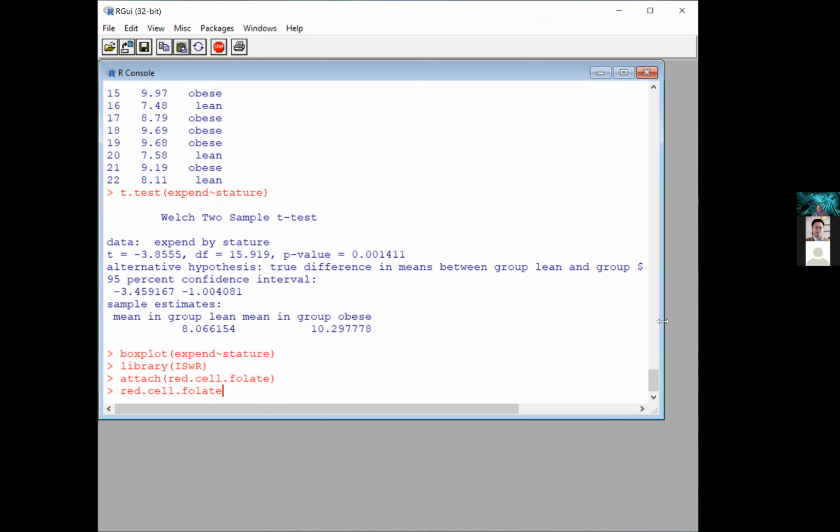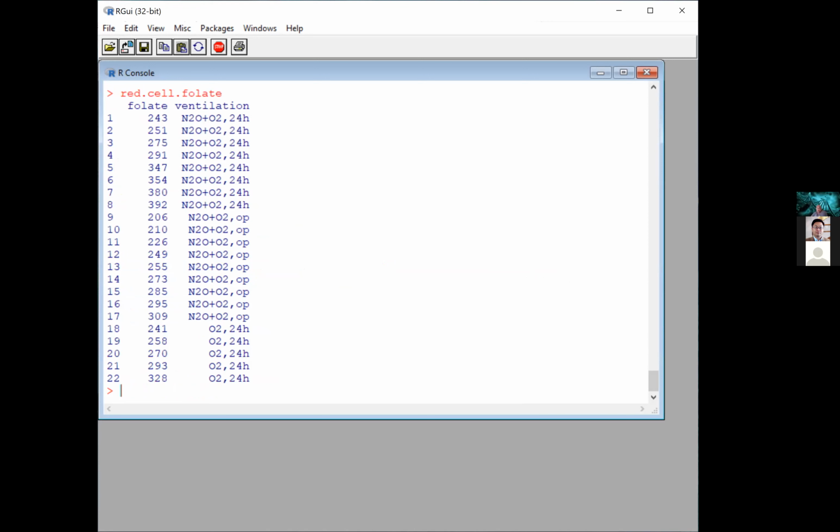To look at it, red cells versus ventilation. This is a built-in data set inside R for use for examples. Again. Now let's just run a summary.